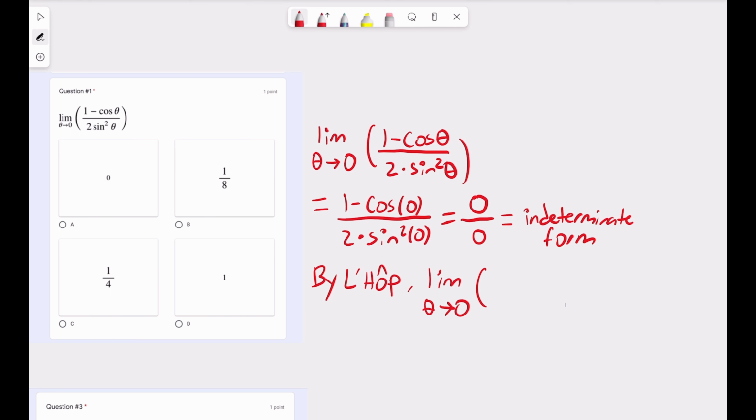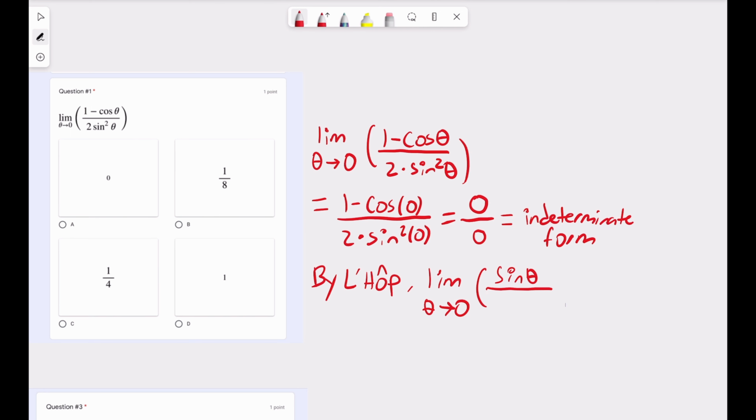And so the derivative of the numerator is sine of theta, because the derivative of cosine is negative sine, and we also need to remember there's a negative in front of that cosine, so that will cancel out the negative sign, and we will have sine of theta, and it will be over 2 times sine square of theta.